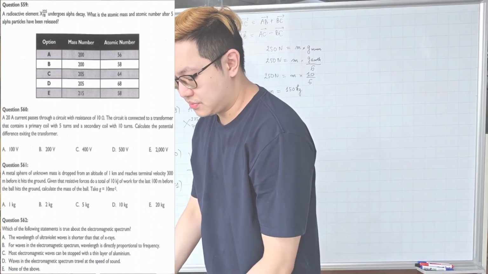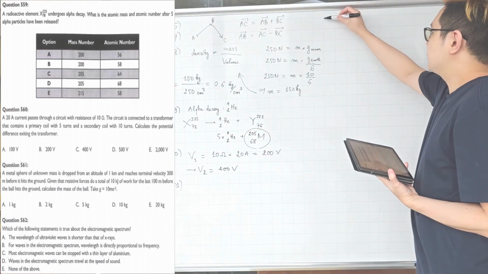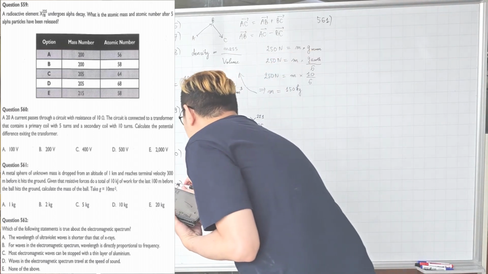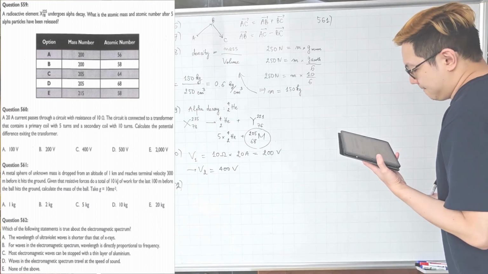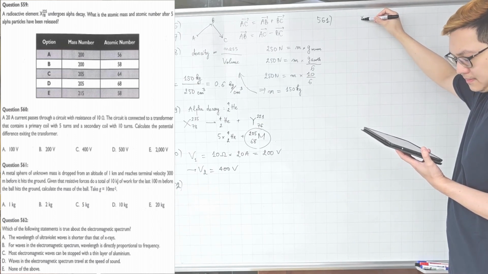Wow, just have to draw it out, right? Let's do 561 here. This is going to be 562. Let's just say here where it drops.